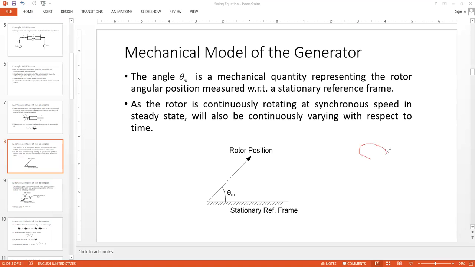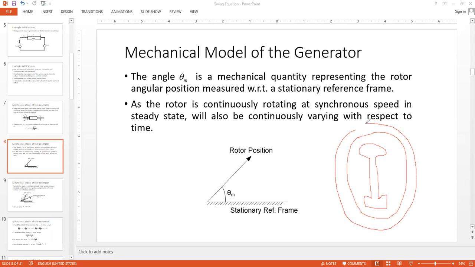some schematic of the rotor, let's say this is our rotor cross section, this is the stator, and in between you have some air gap. So these are the stator three-phase coils, and this is my rotor.